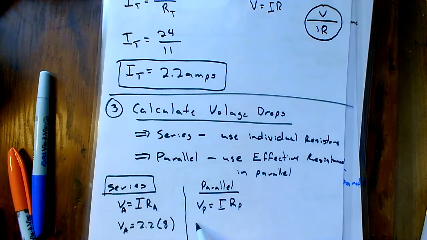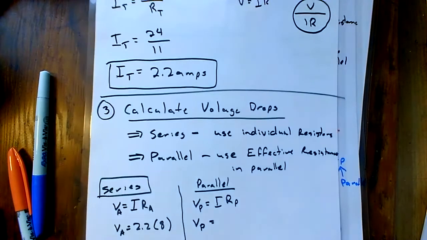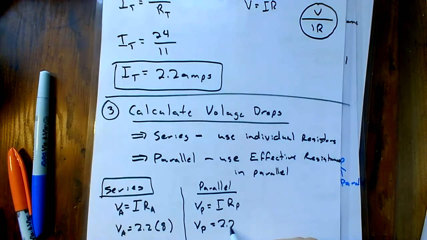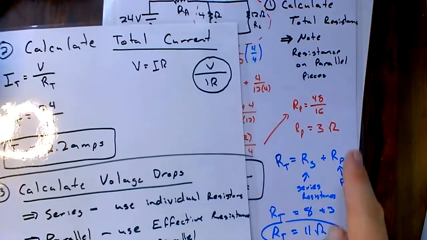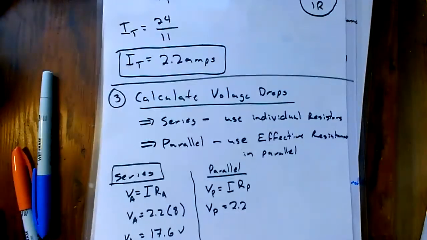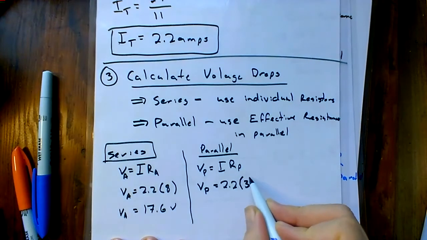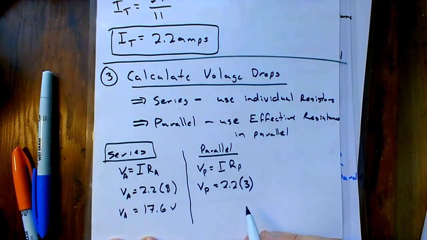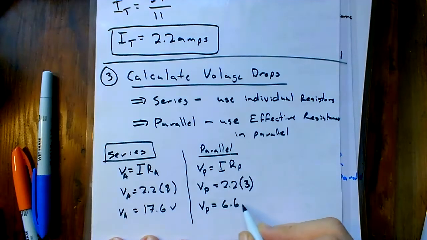So in this case, my voltage drop across my parallel circuits is going to be that 2.2 amps, but it's going to be across my parallel resistance. Because effectively the resistance is lower across parallel circuits. So here my parallel voltage is going to be 6.6 volts.